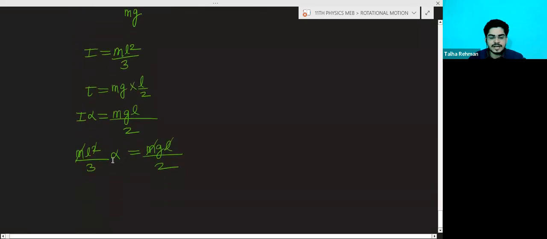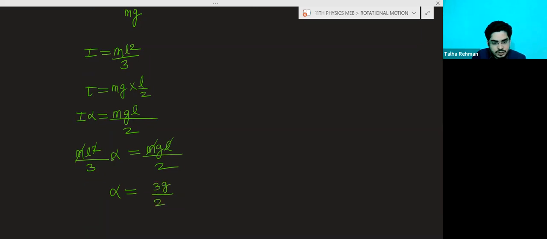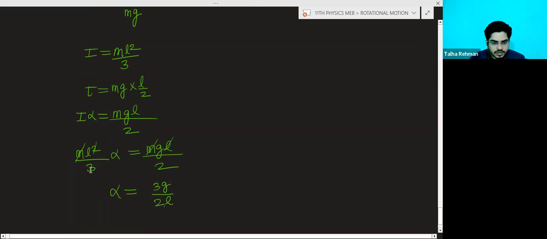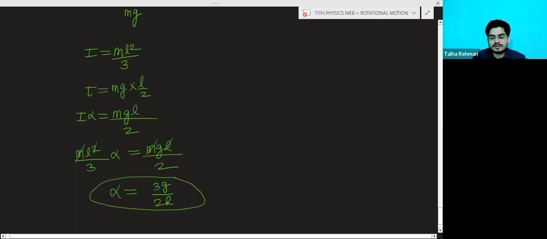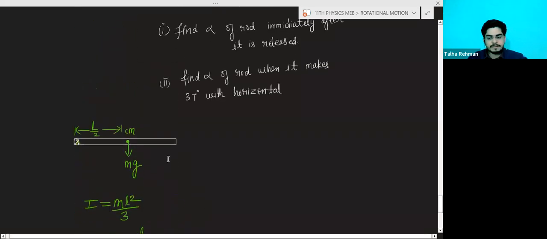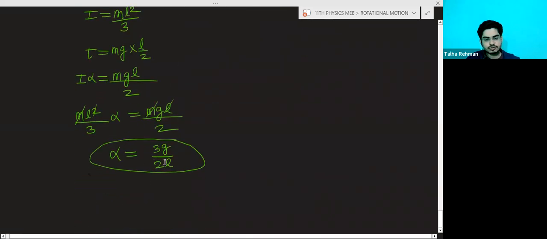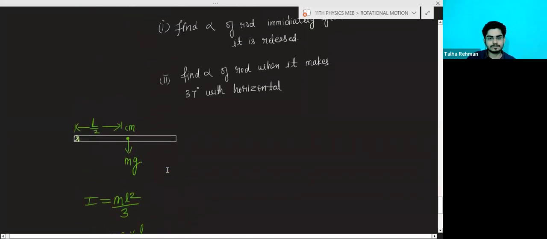So you will get alpha equal to 3g by 2L, that is 3 multiplied by g in the numerator and 2 multiplied by L in the denominator. So the angular acceleration of the rod immediately after the release will be 3g divided by 2L.